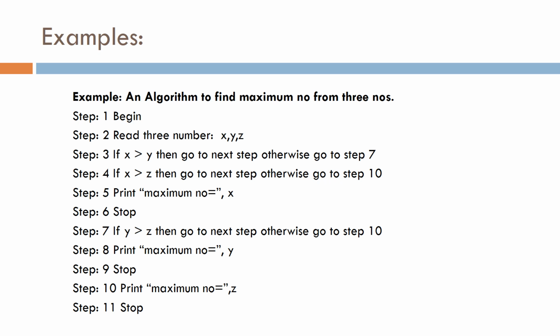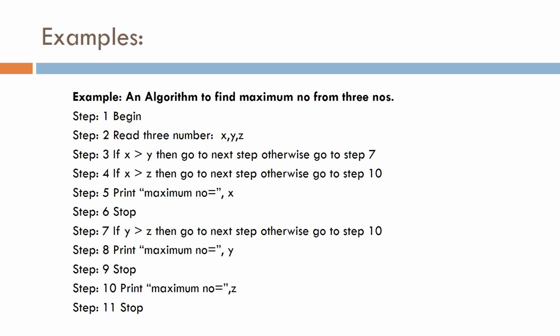So if x is not greater than y, then we have to check y with z, and in step number 4, if x is not greater than z, then we have to follow step number 10. So if both the conditions are true, then we are following the next step.